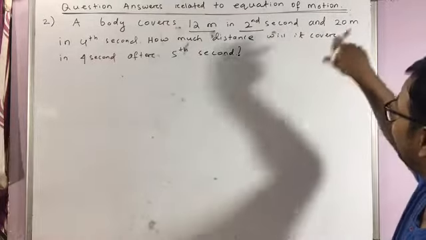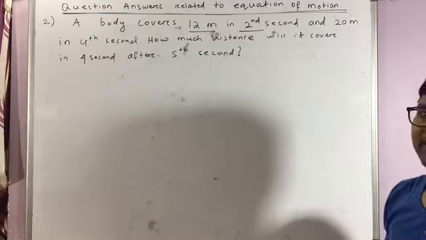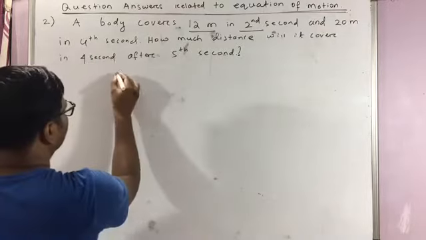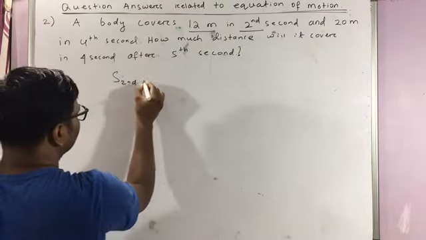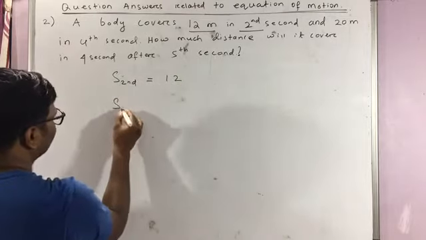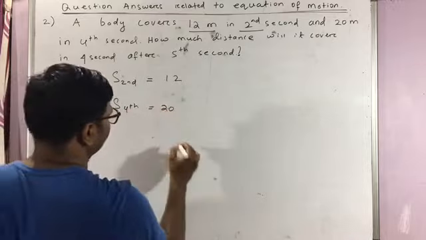Similarly, 20 meter it has covered between 3 second and 4 second. That is given. So we can write S2 is equal to 12 and S4 is equal to 20.